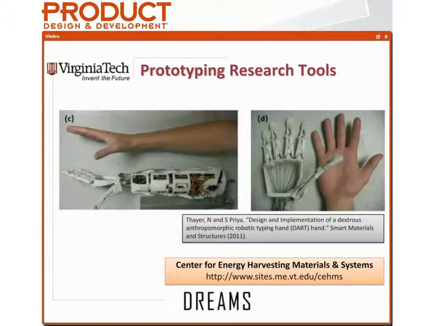The same lab had a master's student who completed what they called the DART hand. It's a robotic hand that you can see on YouTube and in the papers, that can type on a keyboard. In this case, they're trying to make a robotic hand to simulate a human hand for the purposes of making a robotic patient.